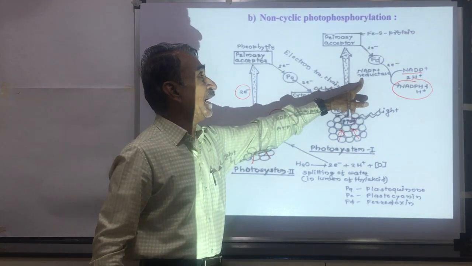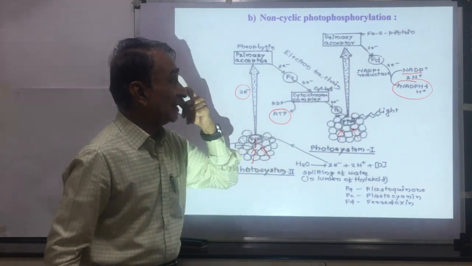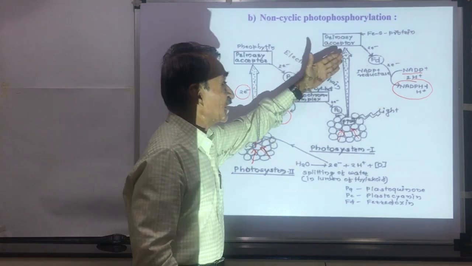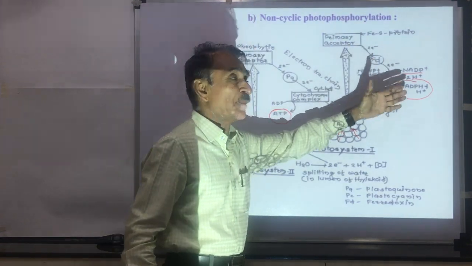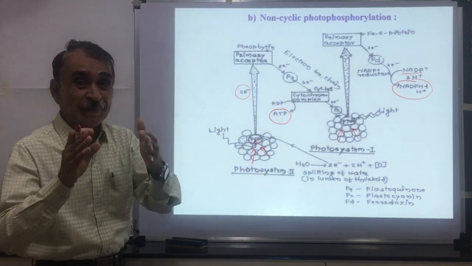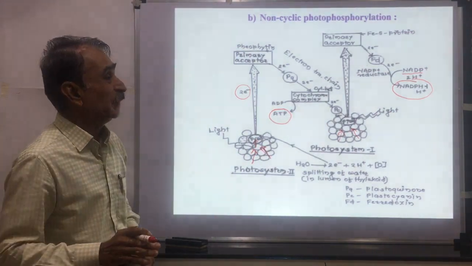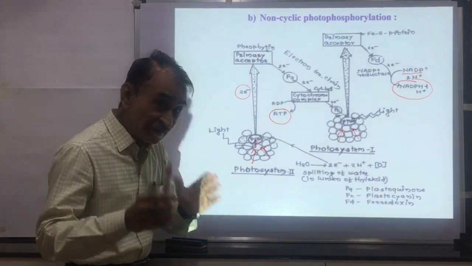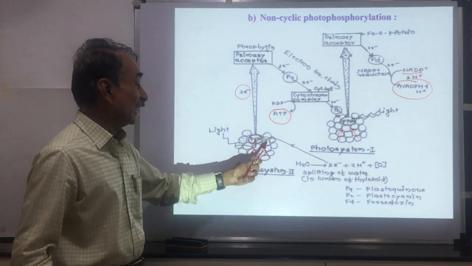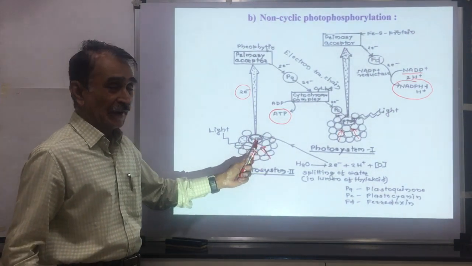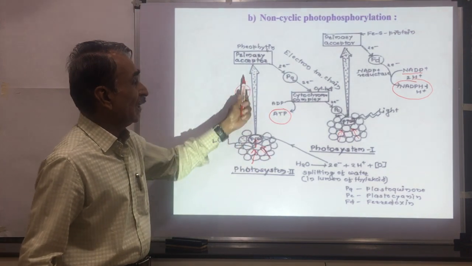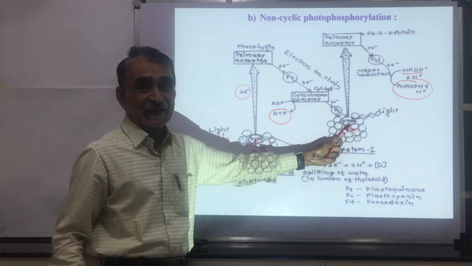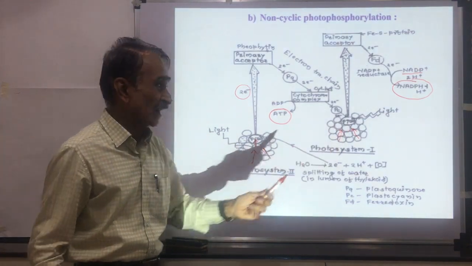The enzyme is NADP reductase. Thus, electrons which are given out from P680 do not come back to the original position, but are transferred to P700. So it is a non-cyclic electron transfer.